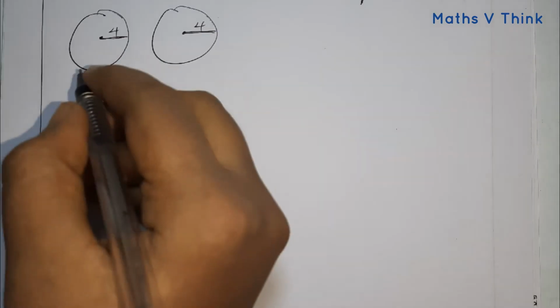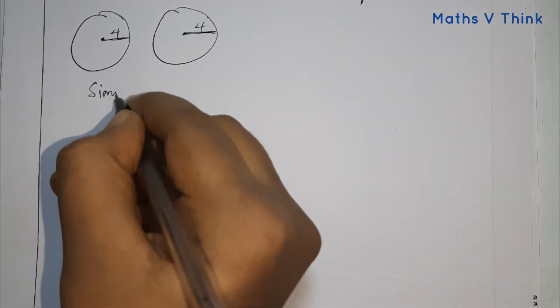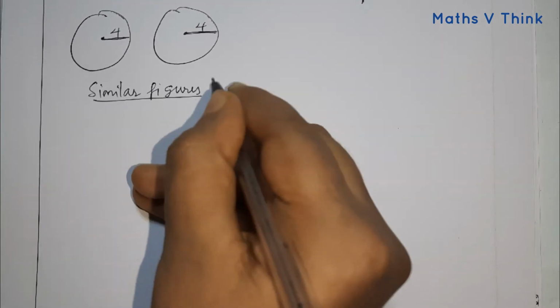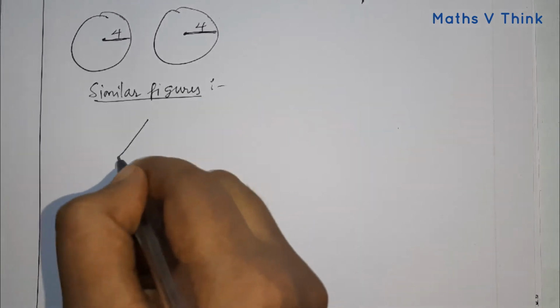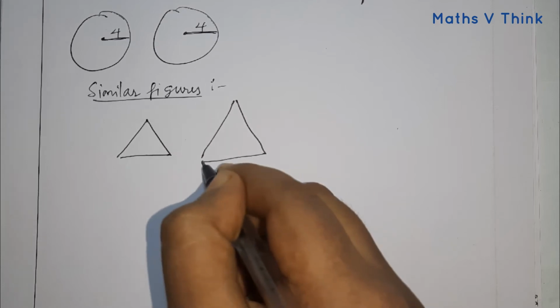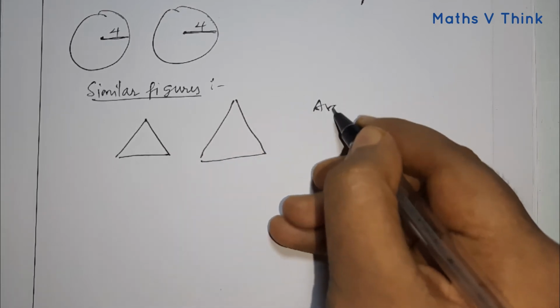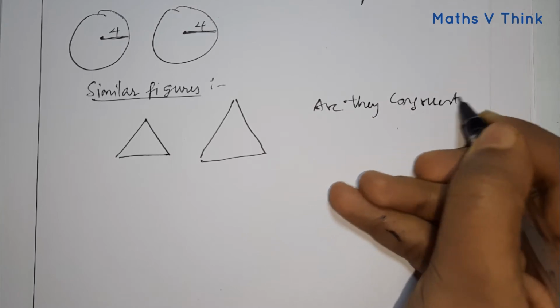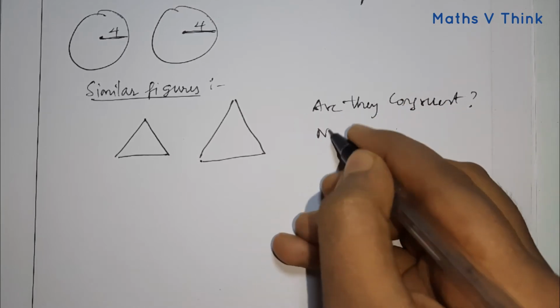Now we'll see what similar figures are. I'll give you one example. Are they congruent? No. Why?